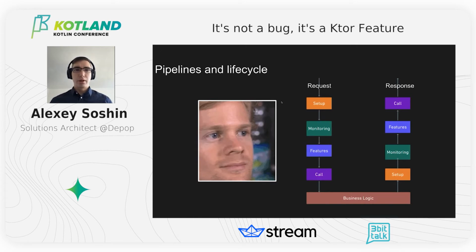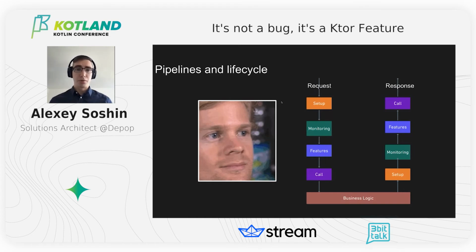And actually, there are two identical pipelines, one for requests and another for responses. So we go through one when we receive a request. Usually we transform bytes into some kind of an object, and then our business logic returns some object again, and we need to transform it back to JSON or something else, and also set the correct headers, for example.